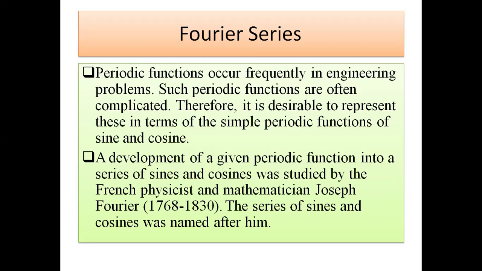Development of the given periodic function into a series of sines and cosines was studied by the French physicist and mathematician Joseph Fourier, 1768 to 1830. The series of sines and cosines was named after him.